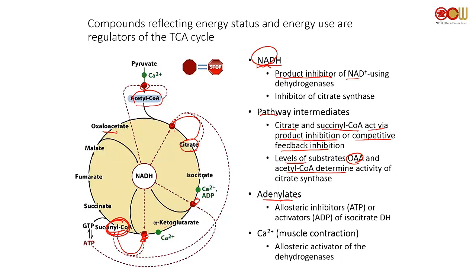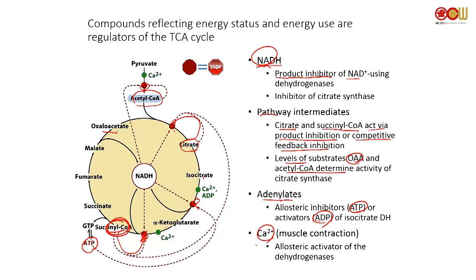And also adenylates, meaning ATP and ADP, those should be fairly intuitive. If you're generating a bunch of ATP, then ATP will go and inhibit a bunch of reactions, right? Same thing for ADP, right? Okay, what's very interesting is calcium, right?